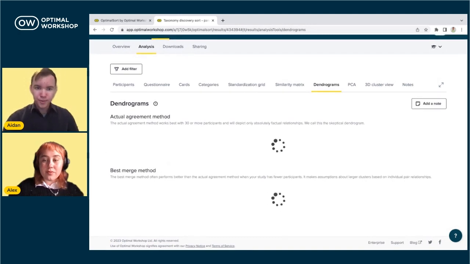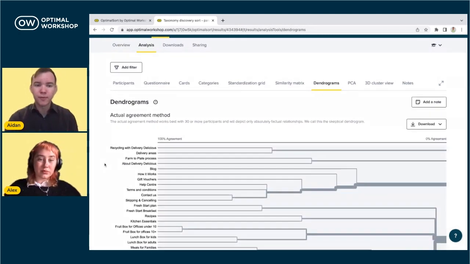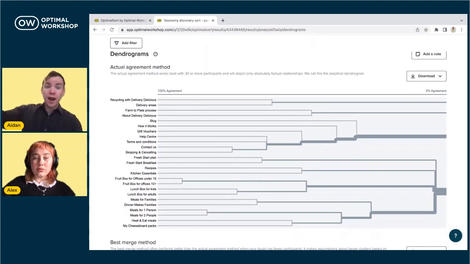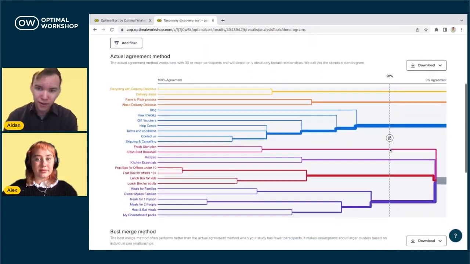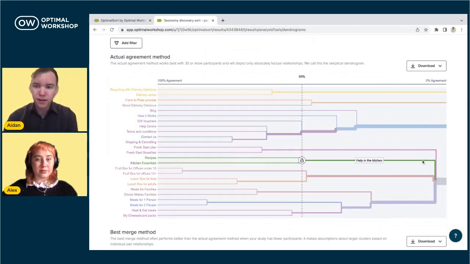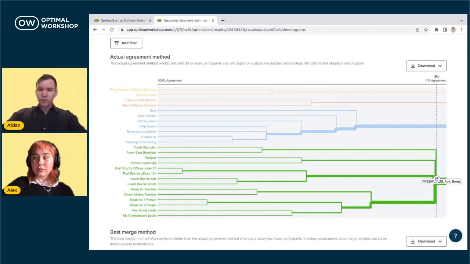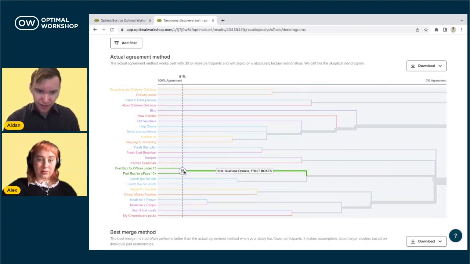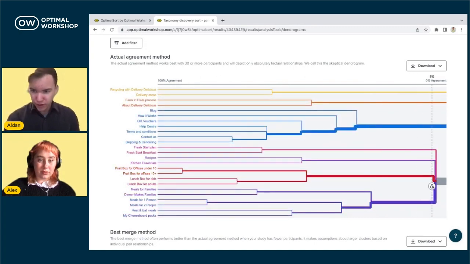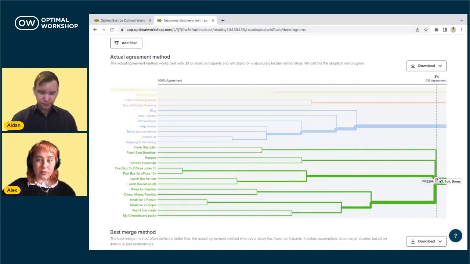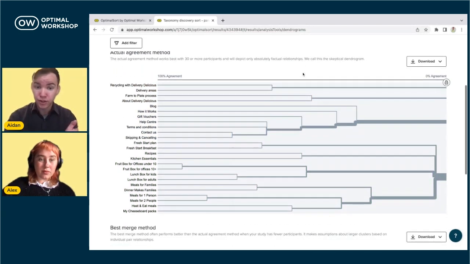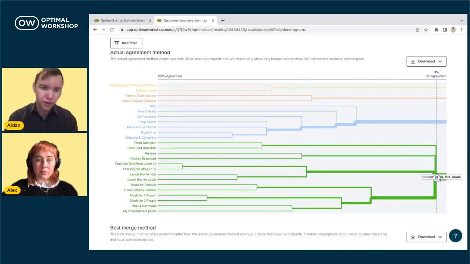Dendrograms is going to break down some of those hierarchical categories in the form of this representation, with the really high level categories showing as the bucket from the right, and the more specific categories getting down to the left. So for example, we've got a very big bucket here that perhaps was represented by the top of the similarity matrix a couple of minutes ago.